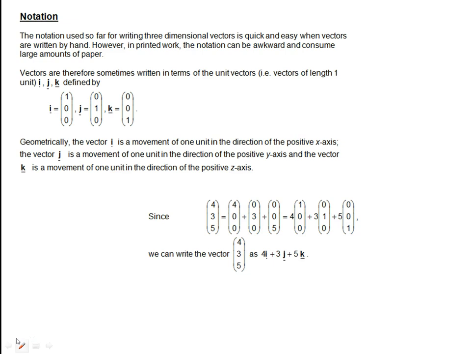Now, if we've got the vector (4, 3, 5), with a little bit of thought, we can see that it can be written as (4, 0, 0) plus (0, 3, 0) plus (0, 0, 5). In other words, it's 4 times (1, 0, 0) plus 3 times (0, 1, 0) plus 5 times (0, 0, 1). So we can write the vector (4, 3, 5) as 4i plus 3j plus 5k.